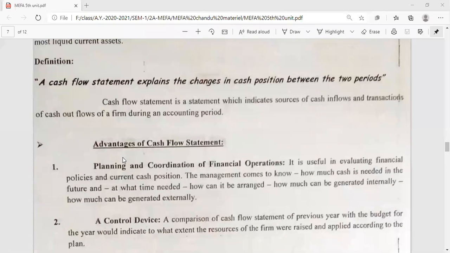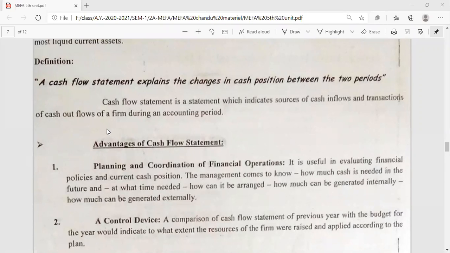In this cash flow statement, first you will have some initial cash, and you will be noting down how this cash is spent. It also notes the different sources of cash inflows, how we are getting cash.